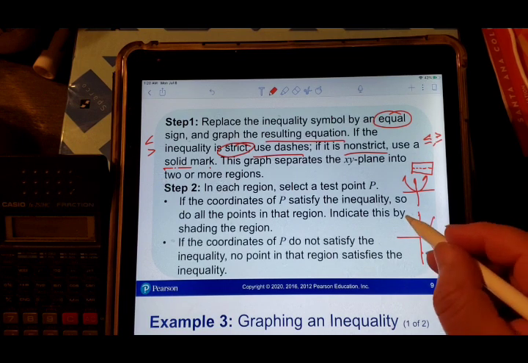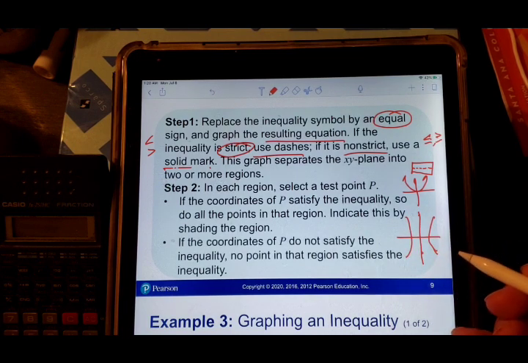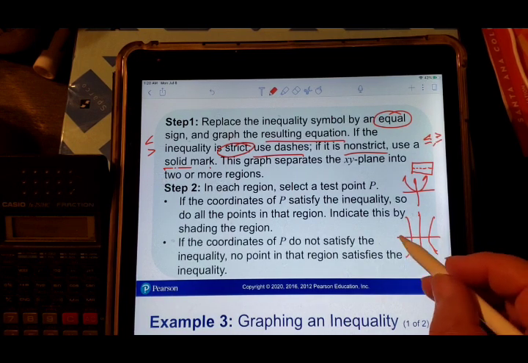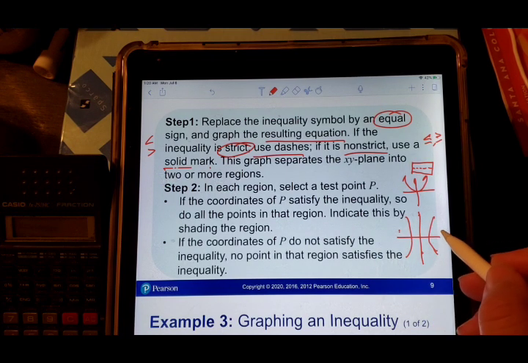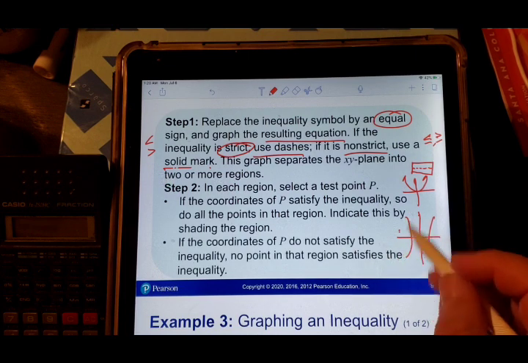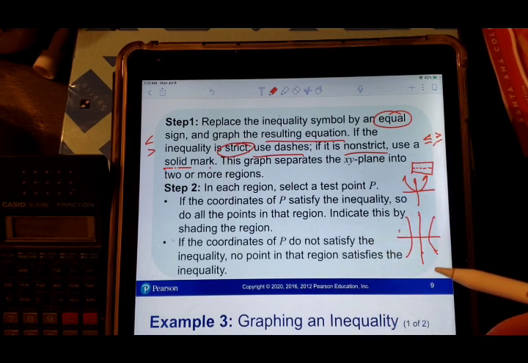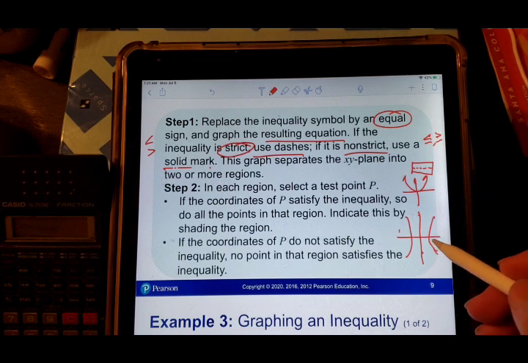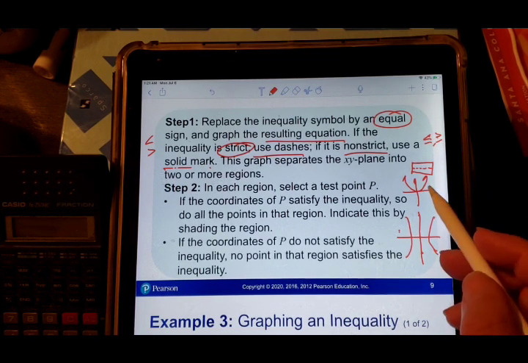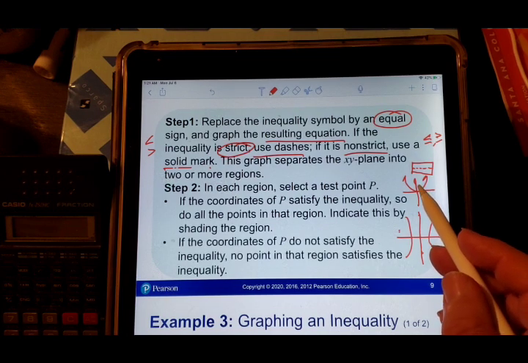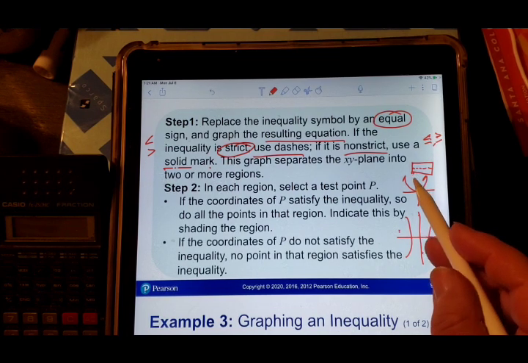If you have a hyperbola, are there three regions? Yeah: the left, the middle, and the right. So that's what the author's saying. It might even be more than two regions, just from a single equation or inequality. But for the most part, it's two, and that's a big thing to know.